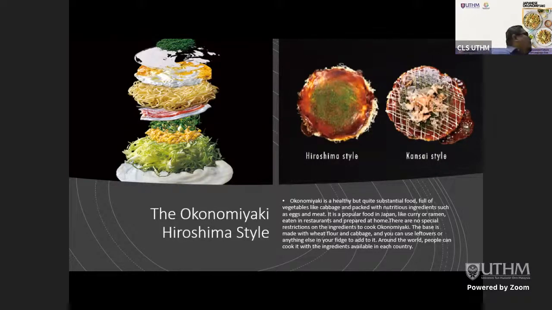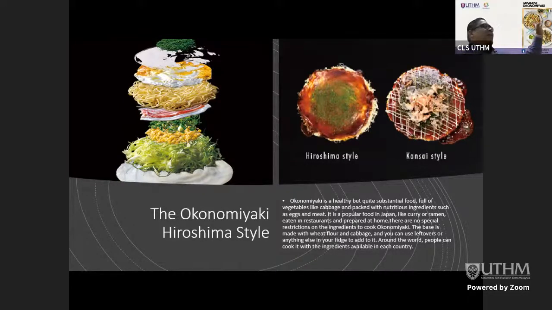Hiroshima style is layered and full of more ingredients, including noodles. I consider Hiroshima okonomiyaki very healthy because they use a lot of cabbage. As you can see, there is a mountain of cabbage there. The carbohydrate is a bit high, but not that high.